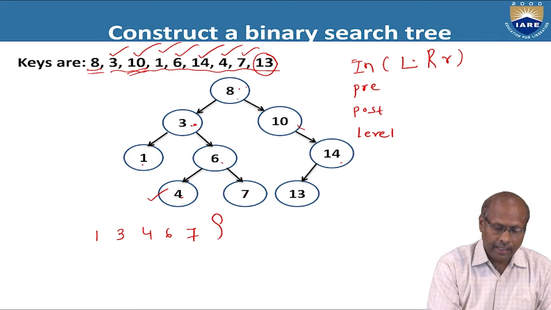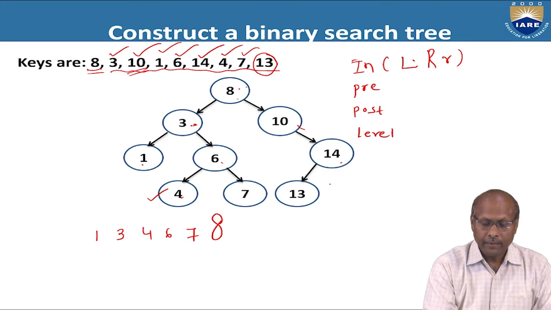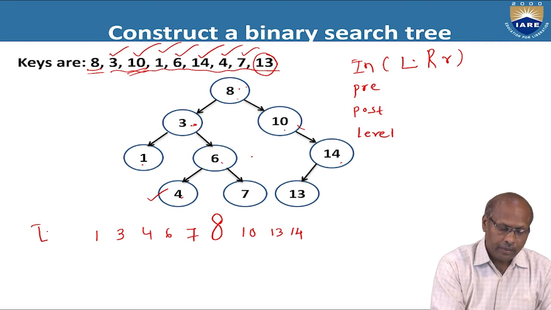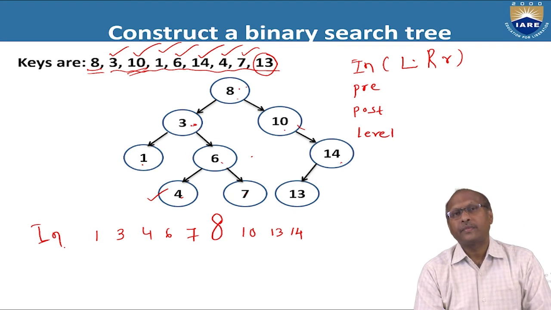Then the root, which is 8. Then the right subtree: no left, root 10, then right subtree 13 and then 14. So this is my in-order traversal.